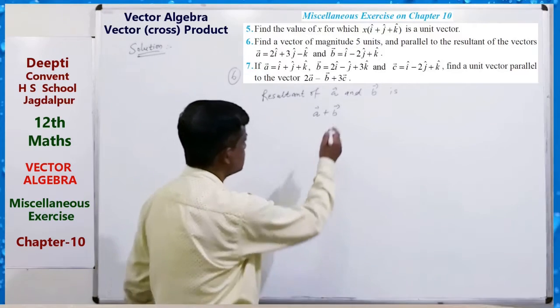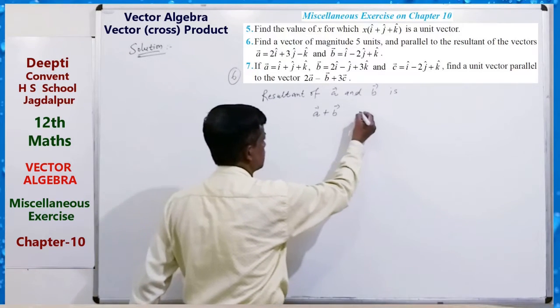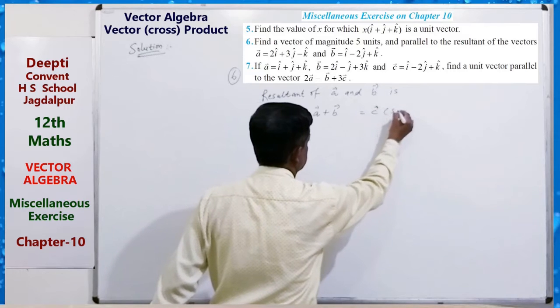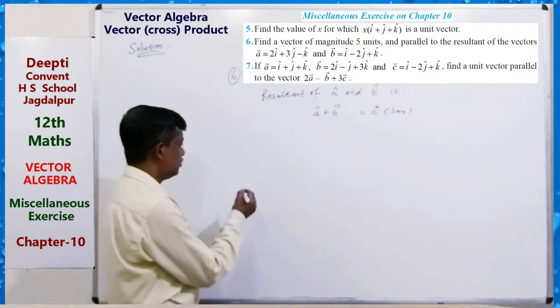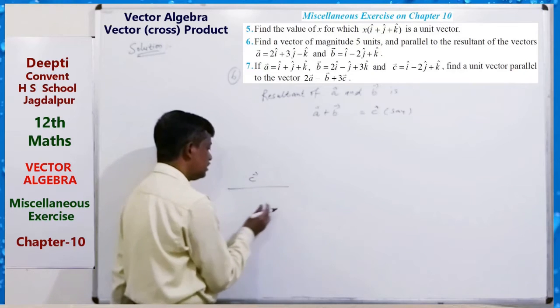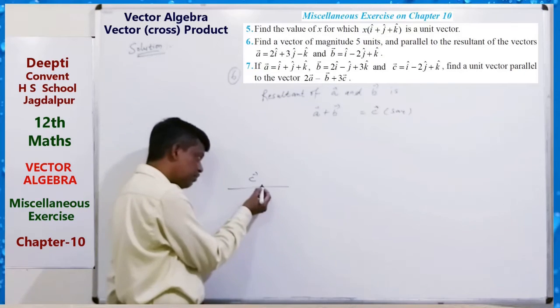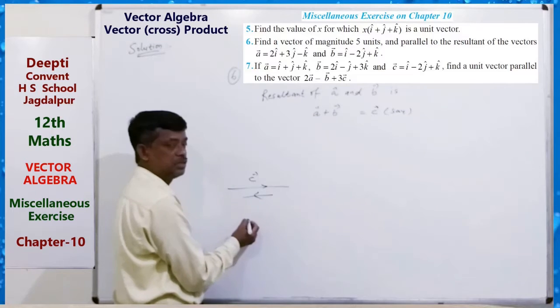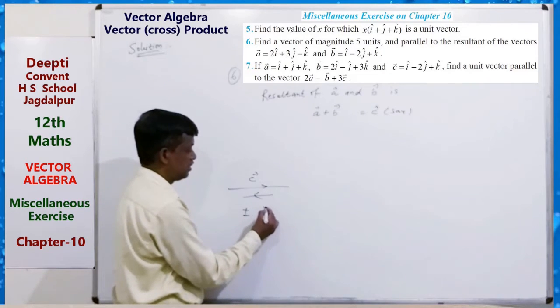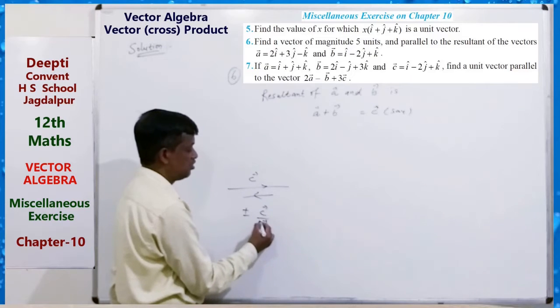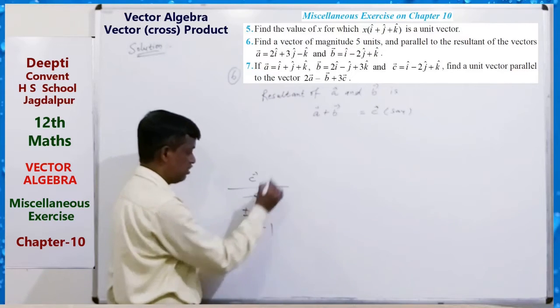Suppose the resultant is c. Parallel to this vector means maybe in this direction, maybe in the opposite direction, that's a plus direction and also a minus direction. So plus or minus c vector upon modulus of c vector, into 5.